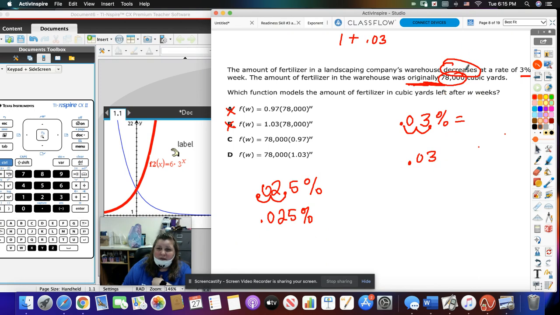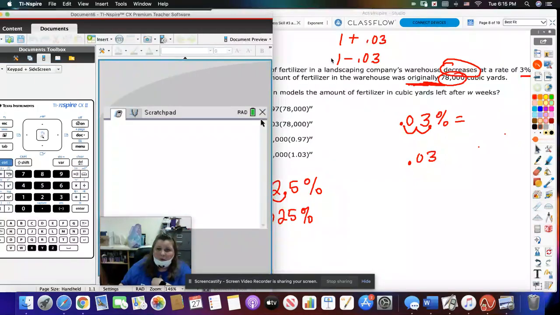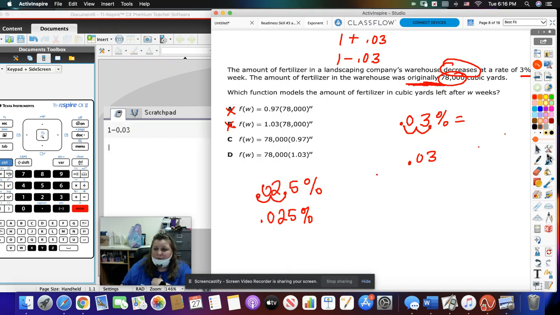But it's decreasing, so it's 1 minus 0.03. They don't write the 1 minus inside here, so you go to your handy dandy calculator and type in 1 minus 0.03. Enter. And that's 0.97. And here's your answer.